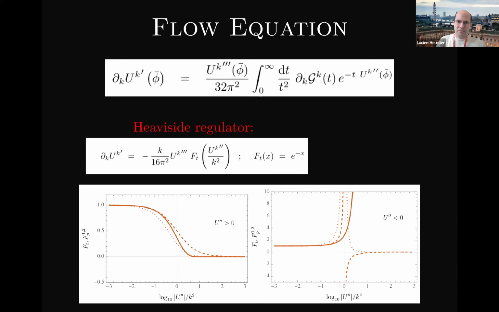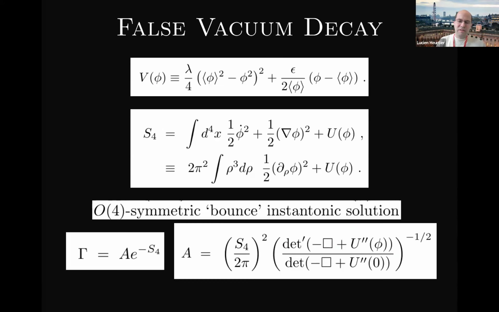So, to see how useful this equation would be, what we did is we applied it to the false vacuum decay calculation, a typical example people use, in order to obtain the thin wall bubble profile.